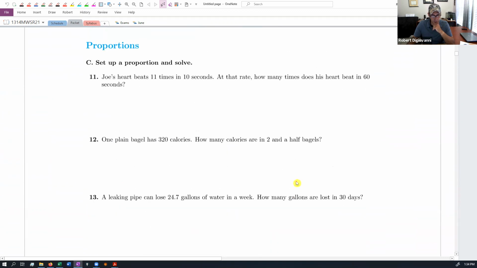In the next 6 minutes that we have, see if you can get some of these done. So see if you can get the first one done in like the next 2 or 3 minutes, and then we'll talk about the answer. And do it with the proportion. Don't try and just think through it.